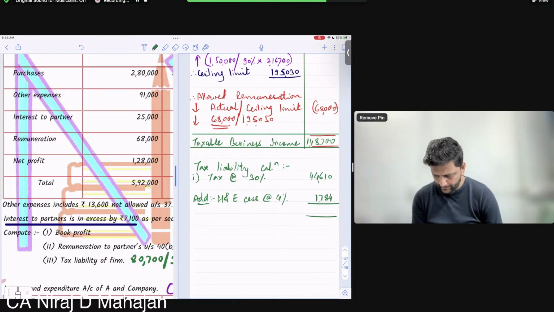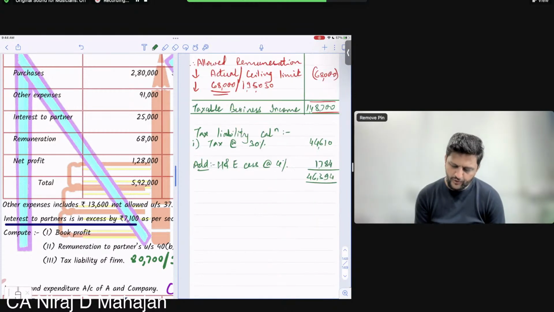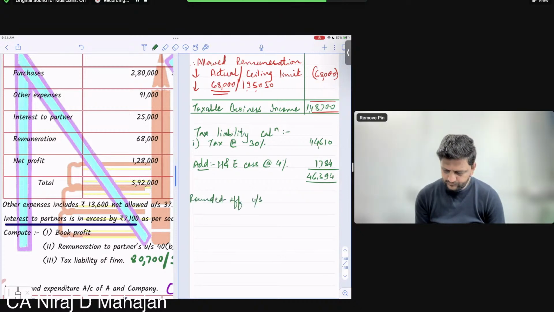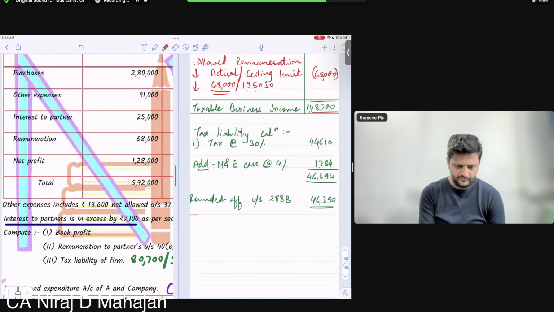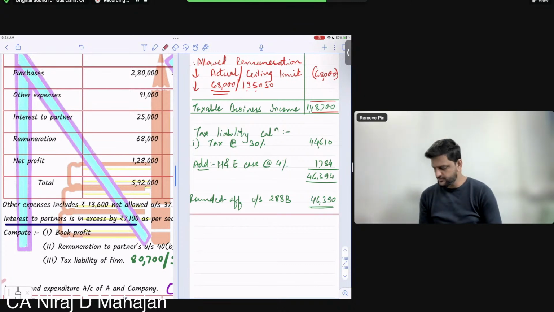Total 46,394. And rounded off under section. Tell me. 288B बच्चों 46,390. Yes, everybody.